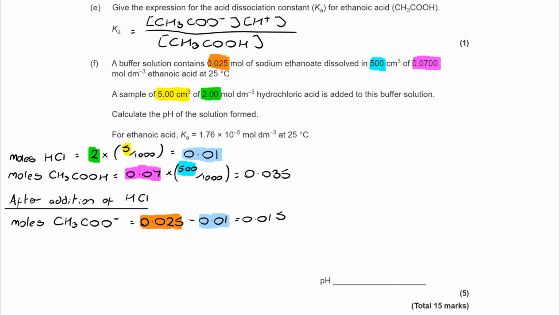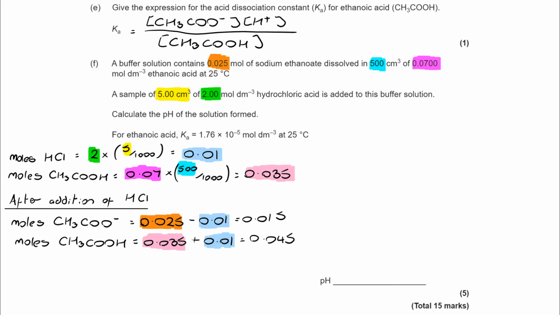From there, my ethanoate ions, my 0.025, will decrease by 0.01 because 0.01 moles of H plus ions have combined with them. So we're left with 0.015 moles.